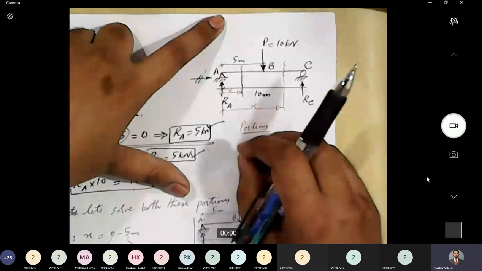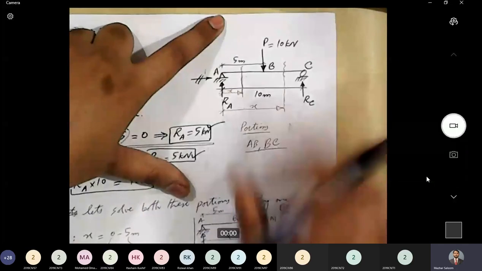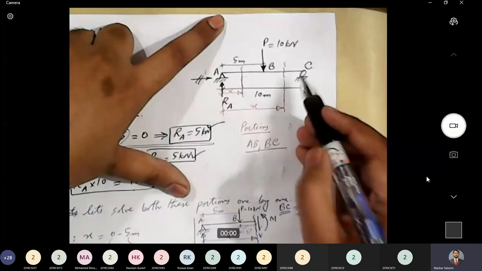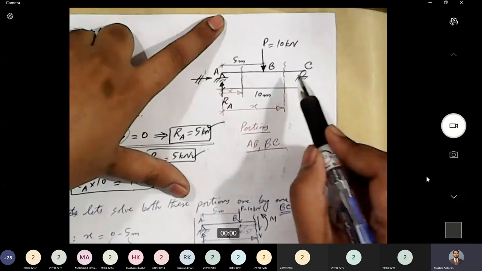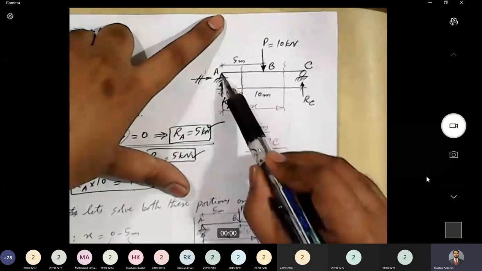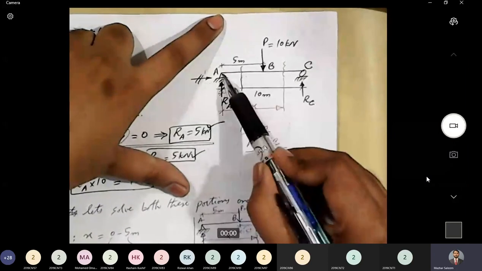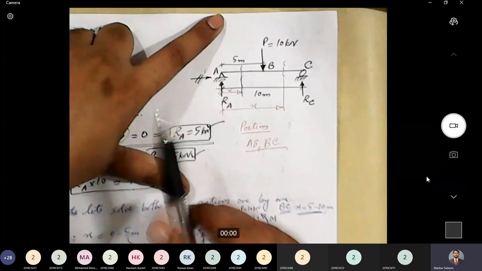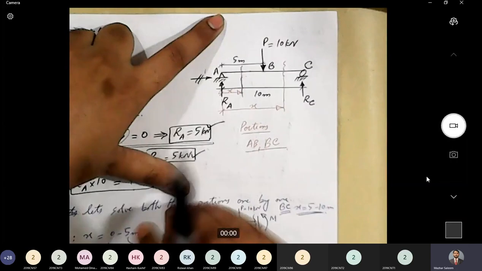No, it cannot. So the moment at an external roller support and an external hinge support will always be equal to 0, unless there is an external or applied moment. And again, as a beginner, we are not looking at that case.